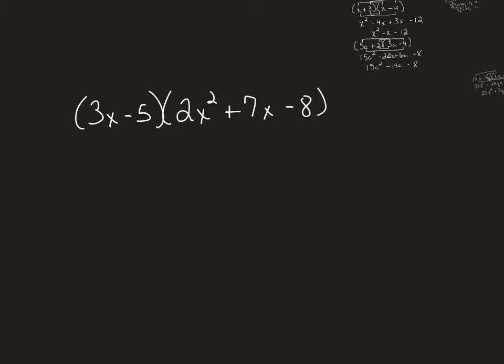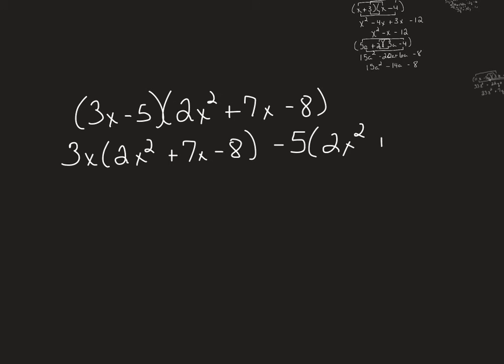We're going to multiply 3x times everything in that trinomial, 2x squared plus 7x minus 8. And then we're going to multiply all of that by a negative 5 times 2x squared plus 7x minus 8. And yes, you do have to rewrite it like this so you can see what you're doing.